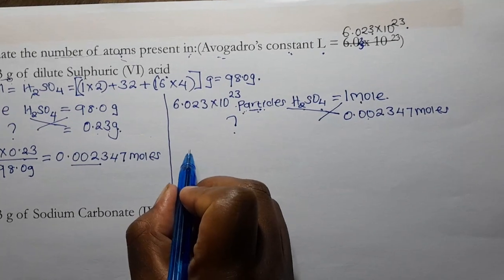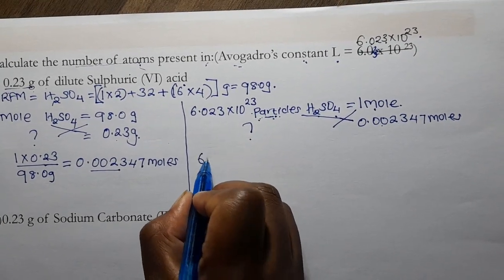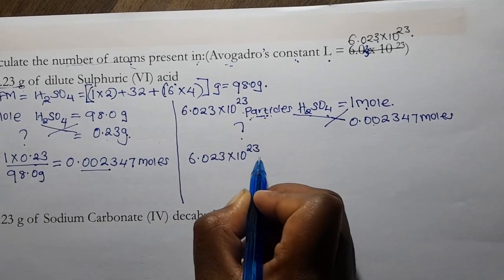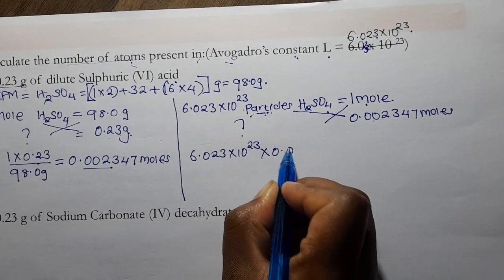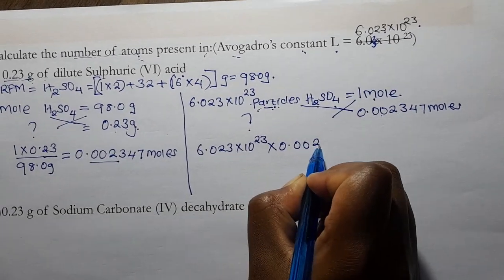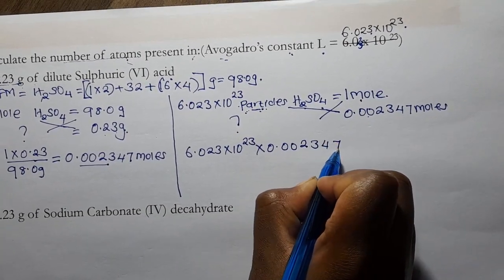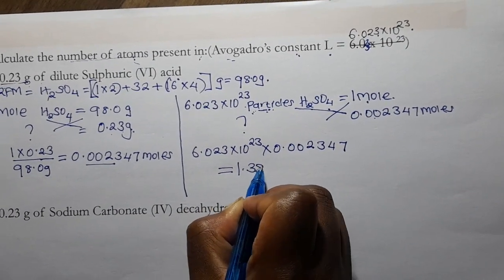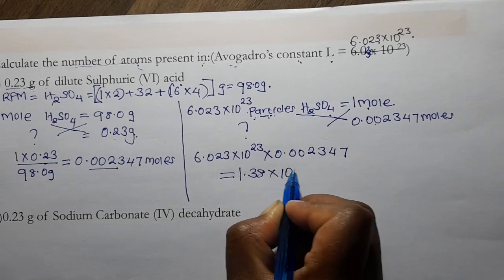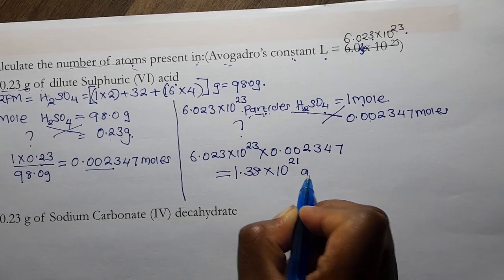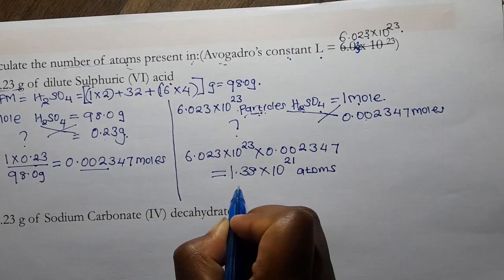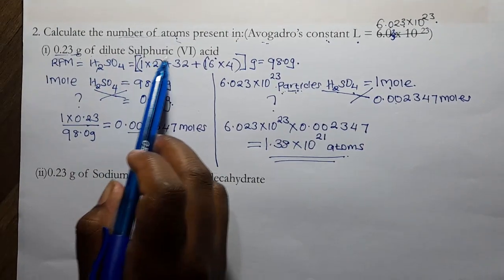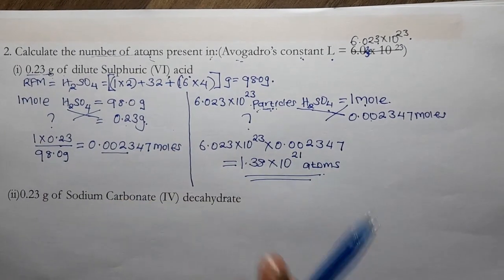So this will be 6.023 multiplied by 10 raised to power 23 multiplied by 0.00237, and this gives us 1.38 multiplied by 10 raised to power 21 atoms. So those are the number of atoms present in 0.23 grams of dilute sulfuric acid.